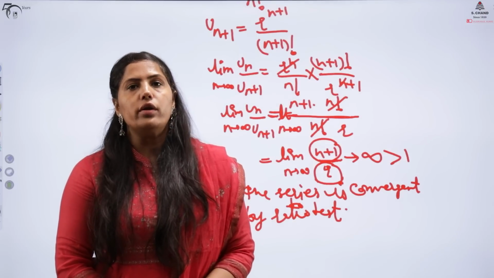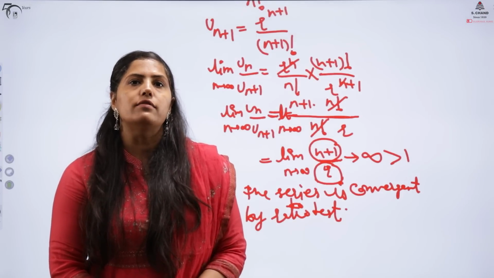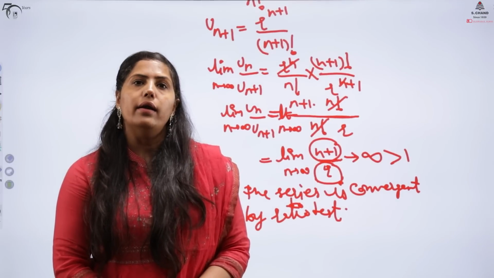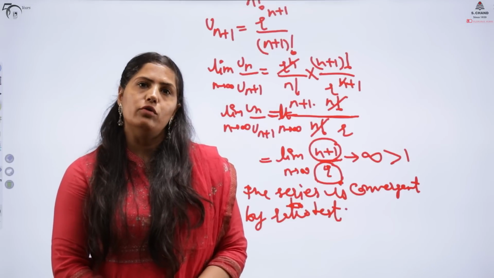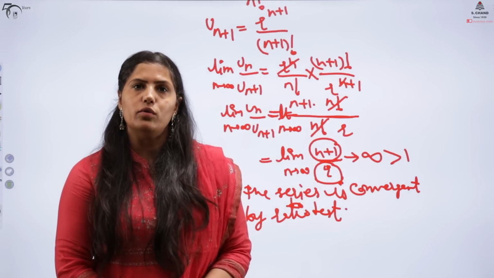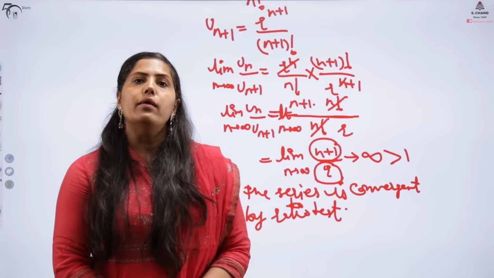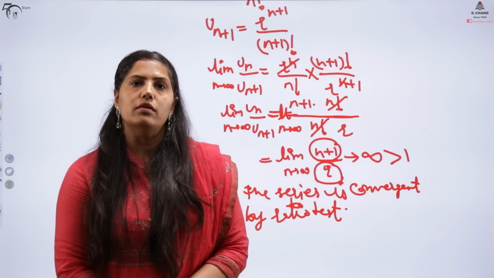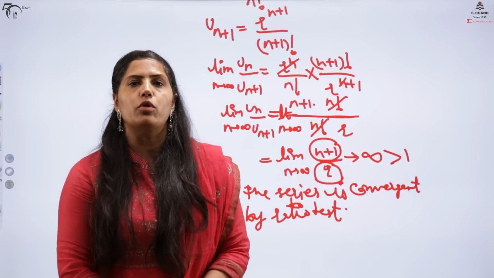Then we did the ratio test, where we took the limit of the nth and n plus 1th term, and the test depended on that limit. If L was greater than 1, it was converging, and less than 1 it was diverging. Both tests are simple, and we can apply them in such problems.